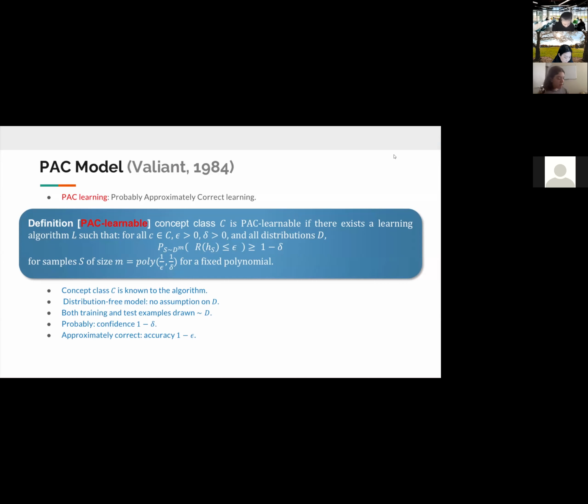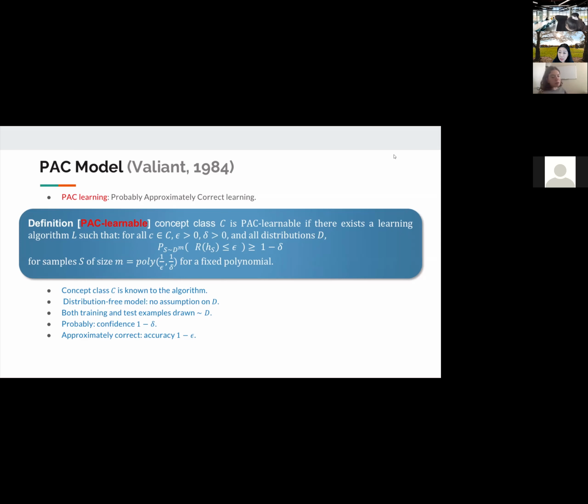So the definition says there's an algorithm L. Does L give you H? Okay, yeah, so there is an algorithm L that gives you H of S. So the L has to generate an H of S depending on the S. Okay?